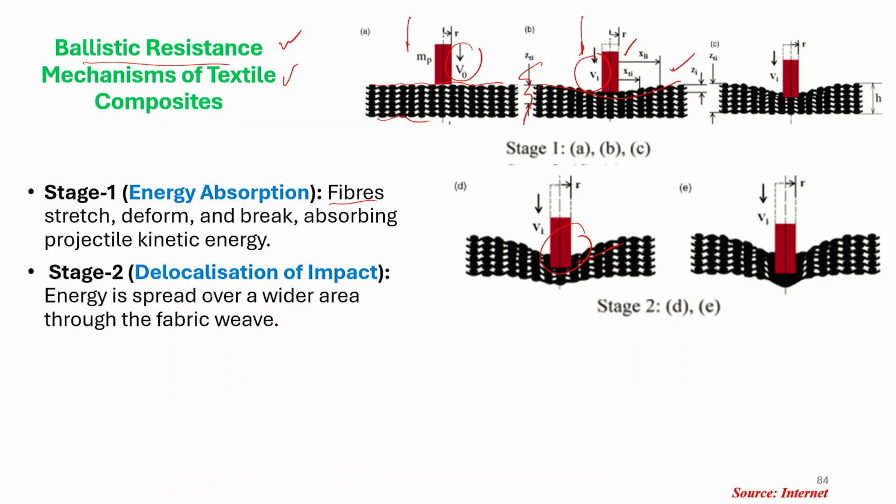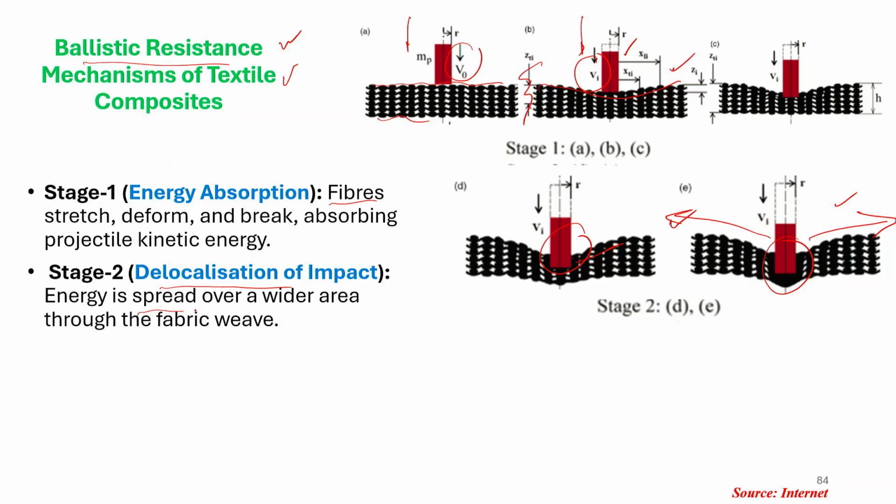This is the delocalization of impact: the impact is distributed to a larger area, and as the area is more, the energy dissipation will be faster without damaging the fabric.